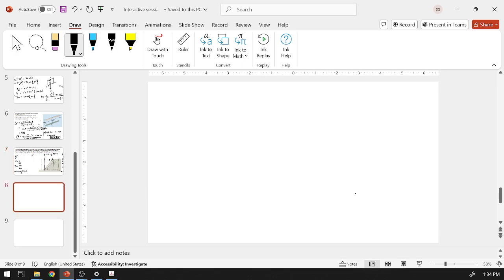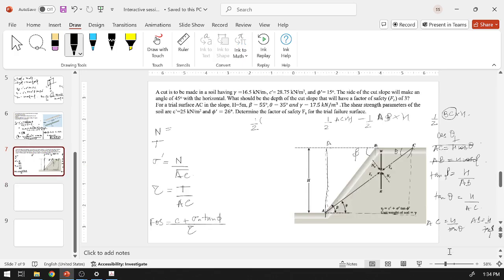So we will have BC equals AC minus AB, h times 1 by tan theta minus 1 by tan beta, multiplied by half of h.